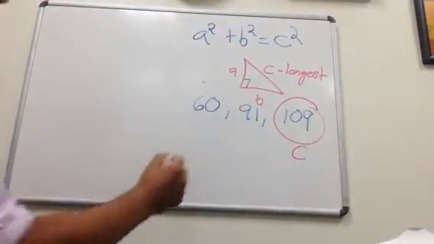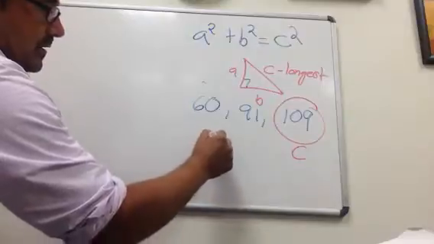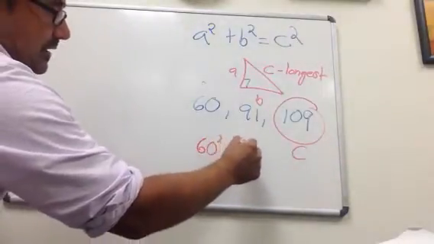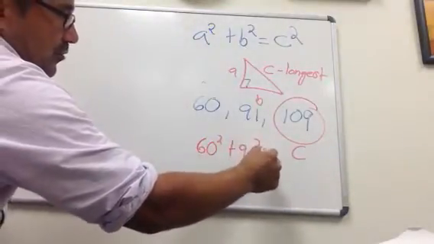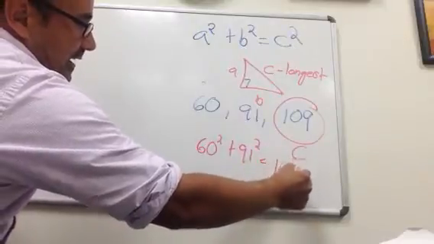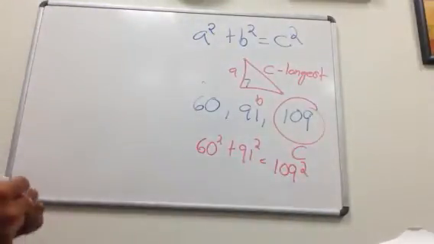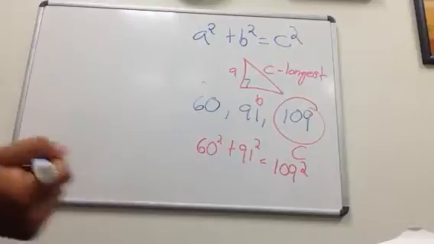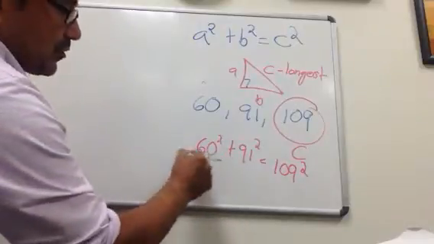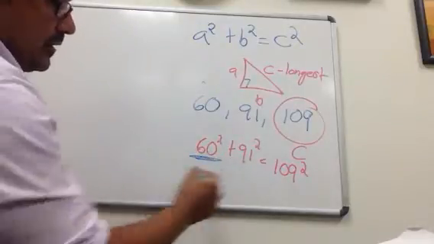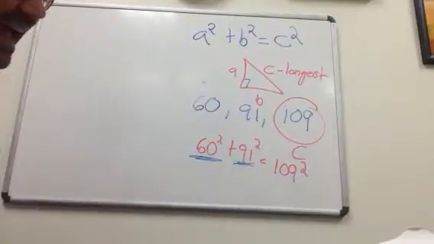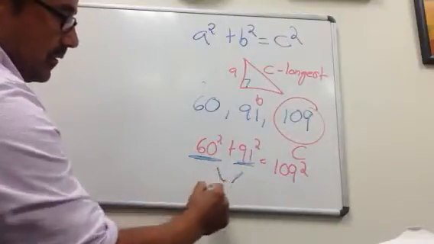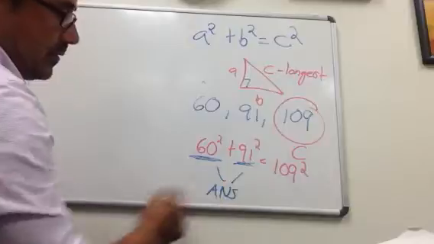So what I need to do is check if this is true. 60 squared plus 91 squared should equal 109 squared. So the way to do it is go on your calculator, square 60, square 91, add it together. You're going to get some answer here.